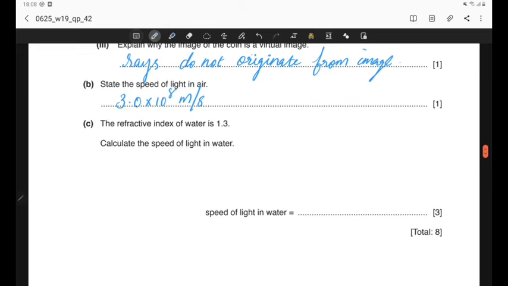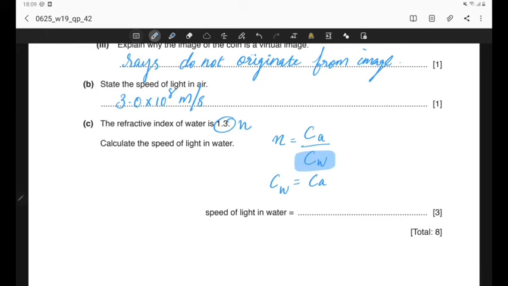Part C. Refractive index of water is 1.3. So refractive index n is given. Calculate the speed of light in water. So here we can use the equation: refractive index is equal to speed of light in air over speed of light in water. In order to calculate the speed of light in water, we can make it the subject.